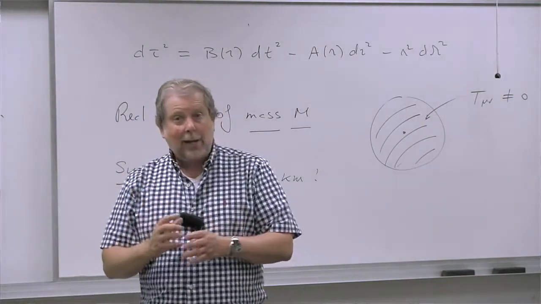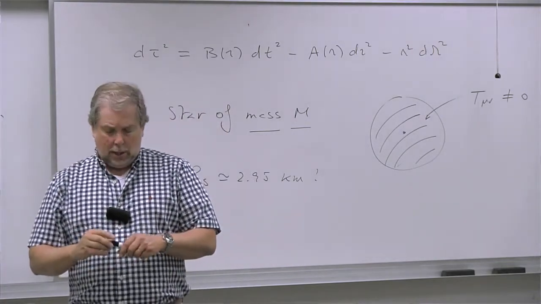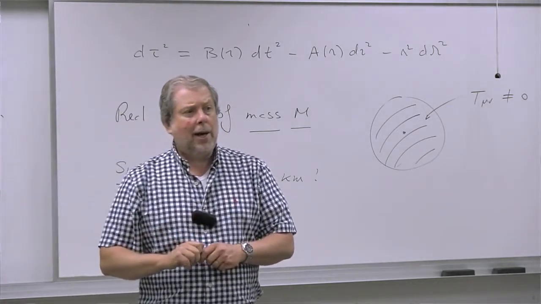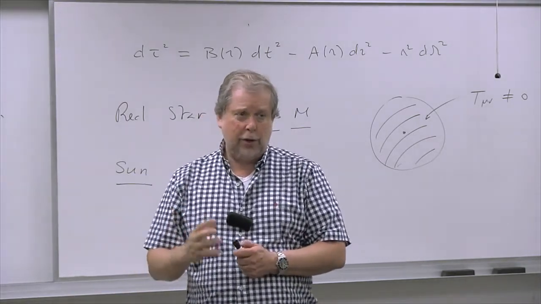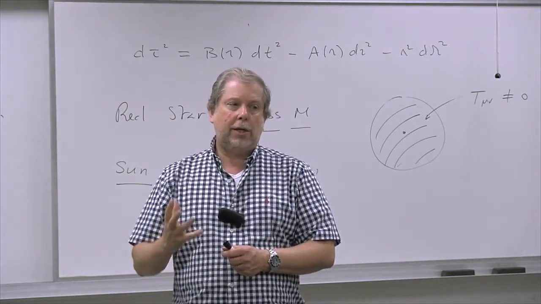And so that's exactly the same as what happens when we looked in the weak field limit at the slowing down of clocks in a gravitational field, a few weeks ago.